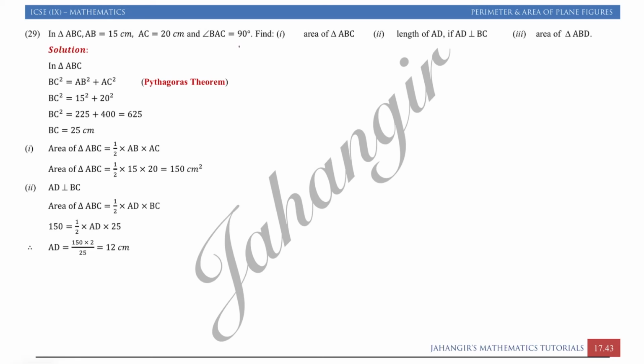Next question, in triangle ABC, we can draw any triangle because they have not yet mentioned which triangle it is. ABC, they have mentioned angle B is 90 degree, so it is a right angle triangle.